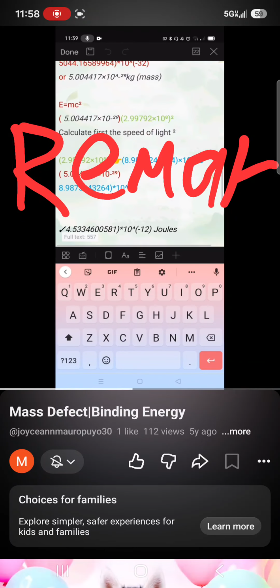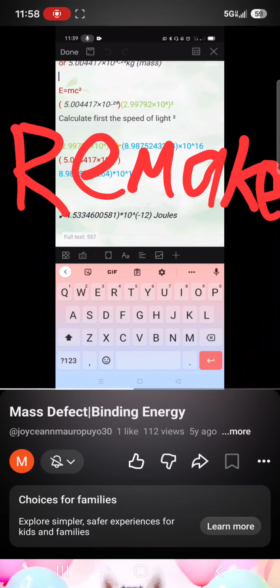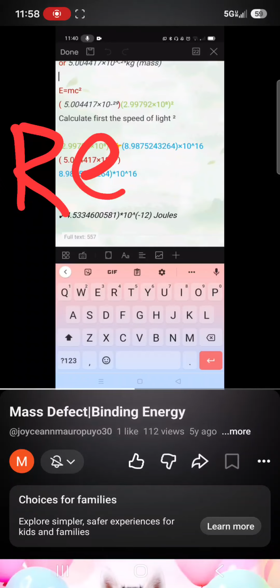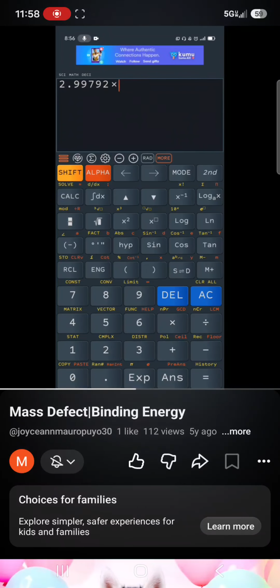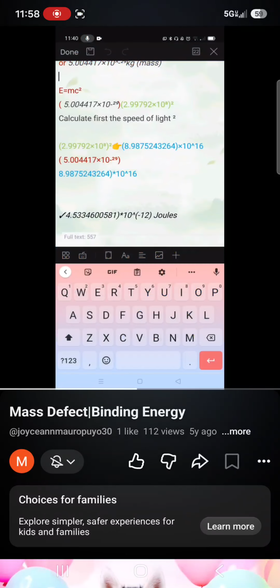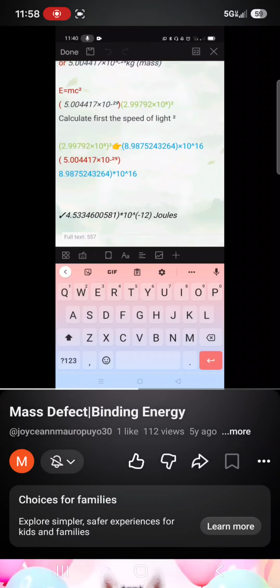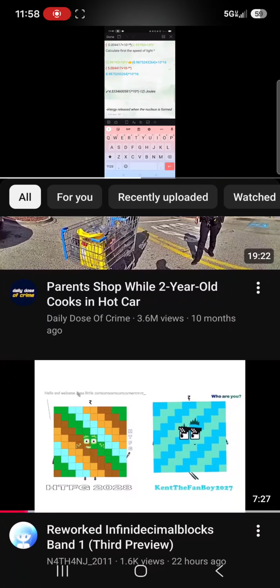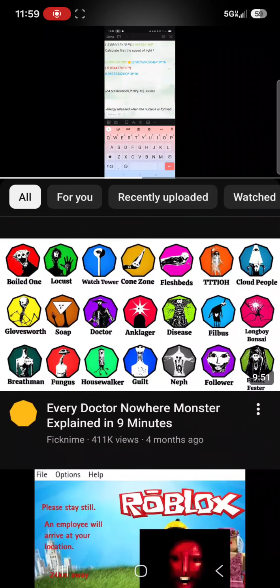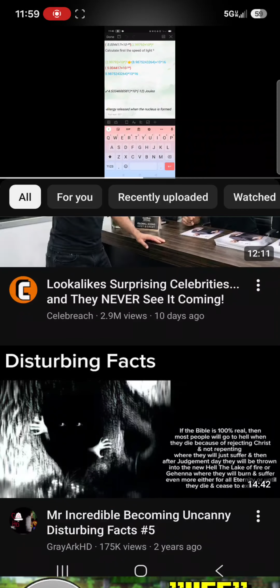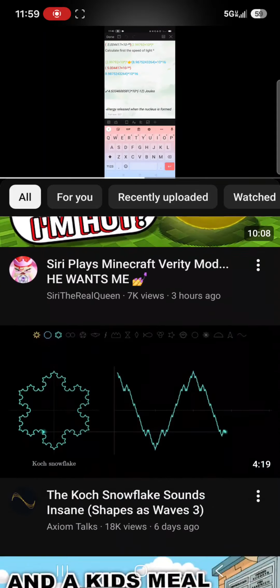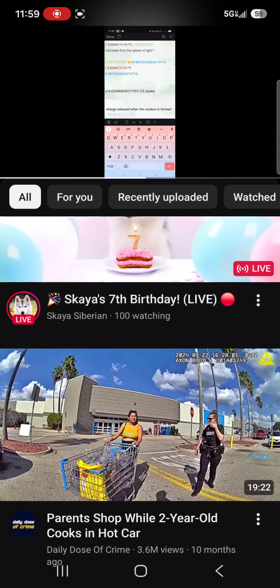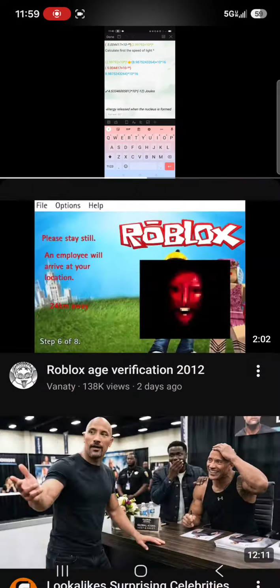So we calculate first the speed of light squared. 2.99792 times 10 raised to 8 squared is equal to 8.9875243264 times 10 raised to 16.